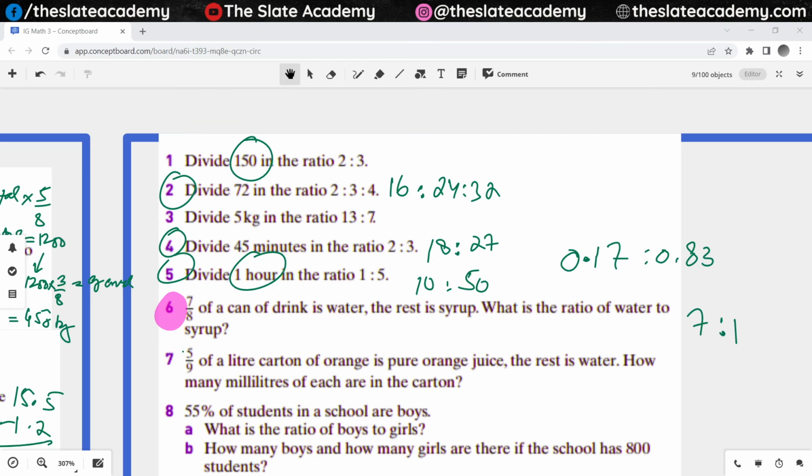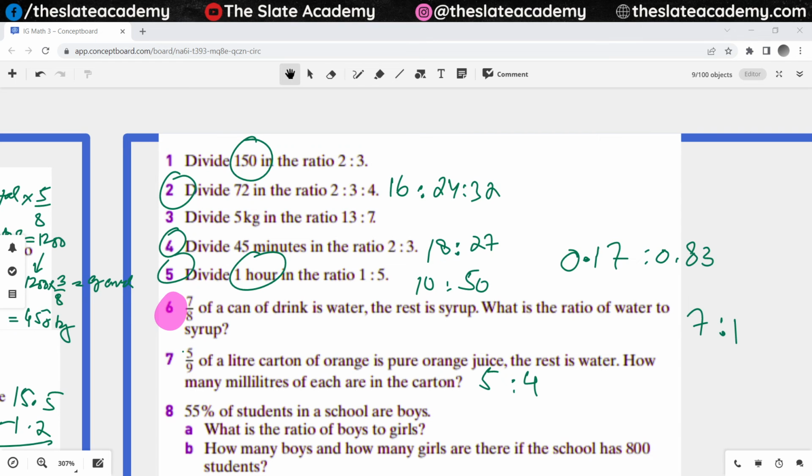Understood? So it would be 5 is to 4. So that is why if I take now the fraction of pure orange juice, it would be 5 over 9.